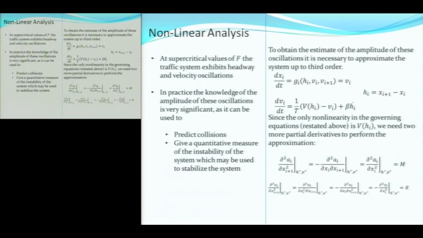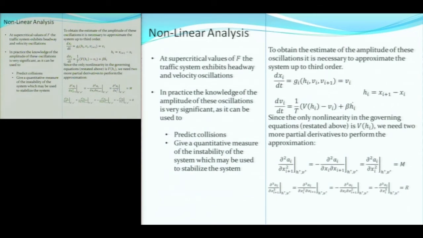Now our linear analysis told us where the equilibrium of the system is stable or unstable. It doesn't tell us anything about those oscillations that we experienced when f gets to supercritical values and the system becomes unstable. In order to determine that, we have to perform some nonlinear analysis. First of all, we have to do this because the oscillations tell us a lot about the system.